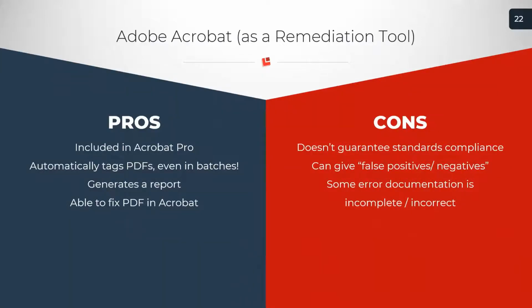Many people use Adobe Acrobat, or they start out using Adobe Acrobat, as their remediation tool. There's lots of content on the web and lots of people doing training on how to use Acrobat as that remediation tool. Almost anyone that's familiar with doing this is going to tell you that it's a difficult, time-consuming process. Complex tables and complex content can take you a long time to do.